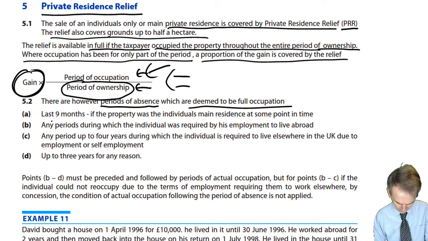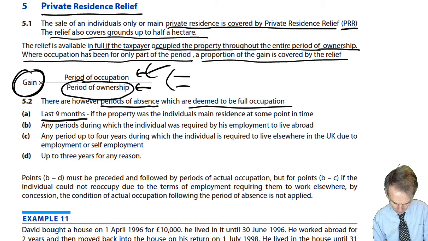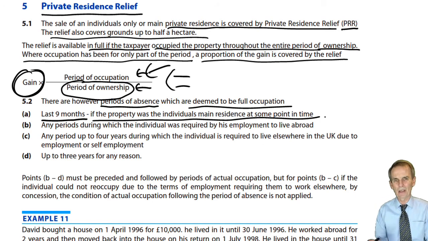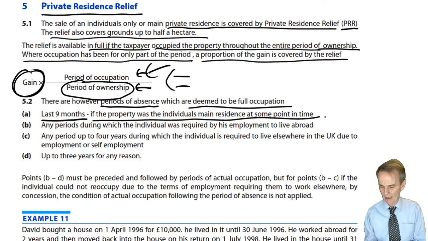They are, firstly, the last 9 months of ownership will always be classified as deemed occupation, so far as we're concerned, so long as the property was the individual's main residence at some point in time.